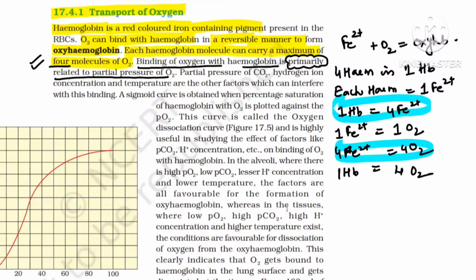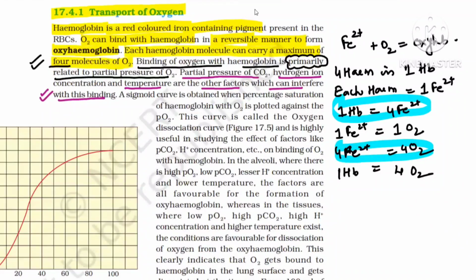Which other factors? Like the partial pressure of carbon dioxide will also play a role. Hydrogen ions will play a role. Okay, and temperature, they are also other factors which will interfere with this binding. This much you have understood.